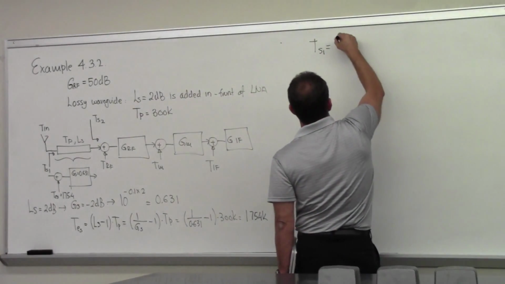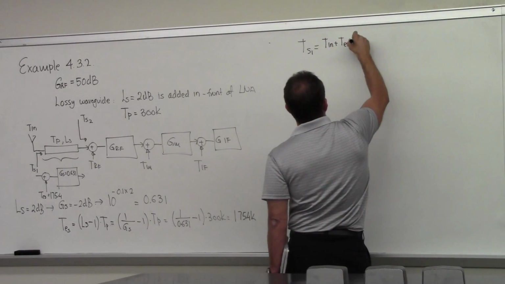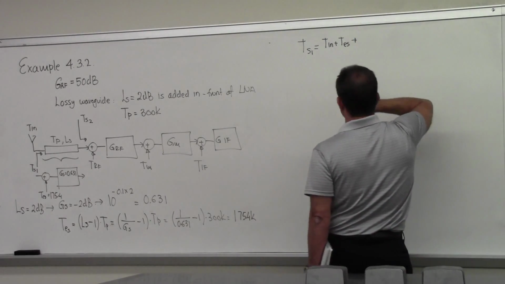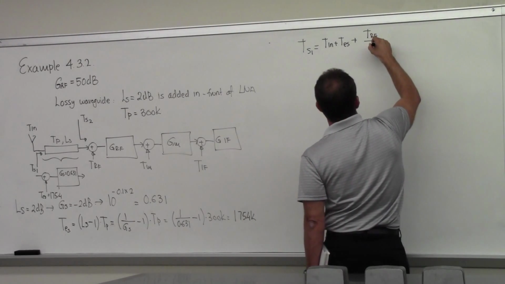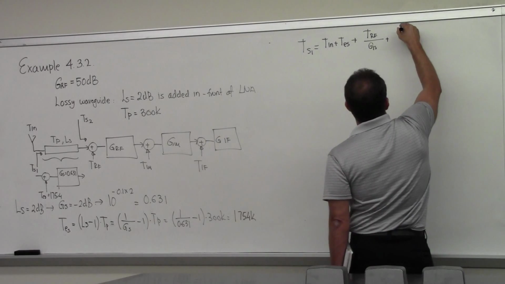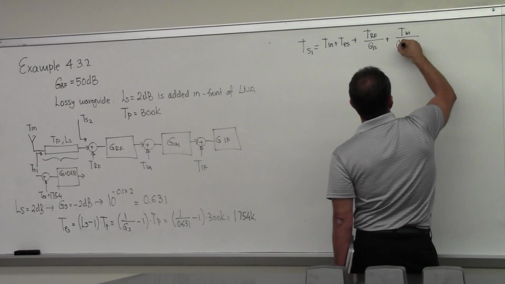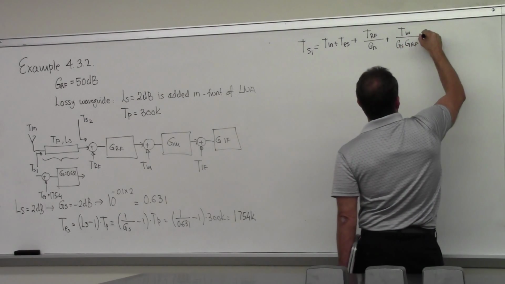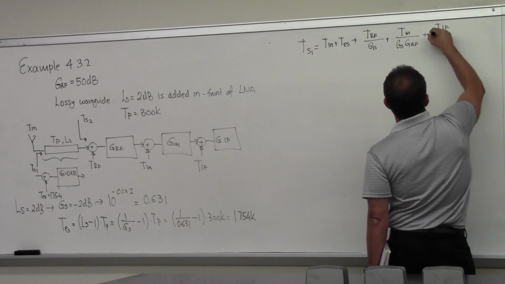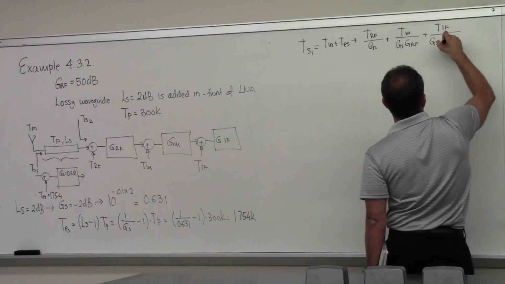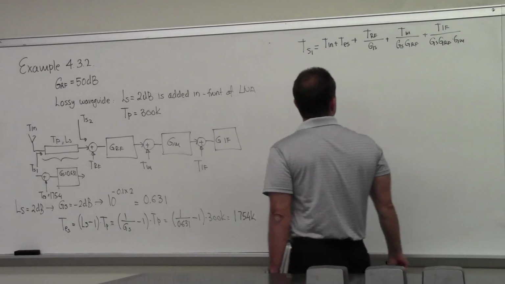So this would be TS plus TRF divided by the gain GS, plus T of the mixing stage divided by GS times the GRF, and plus T of the IF divided by the gain of the waveguide, gain of the RF stage, and gain of the mixing stage. So that's the equivalent temperature.